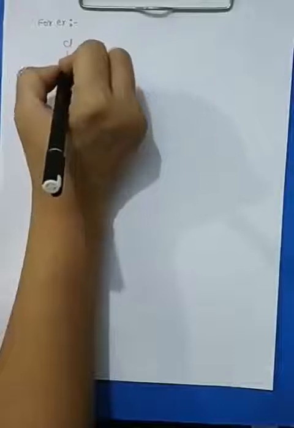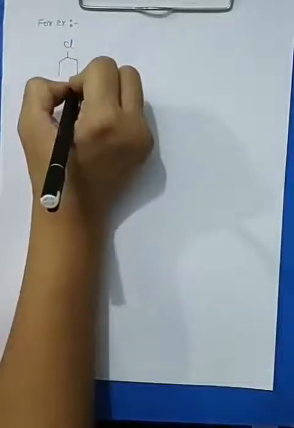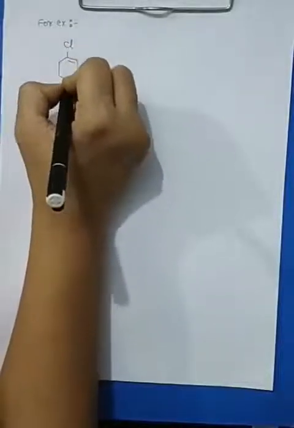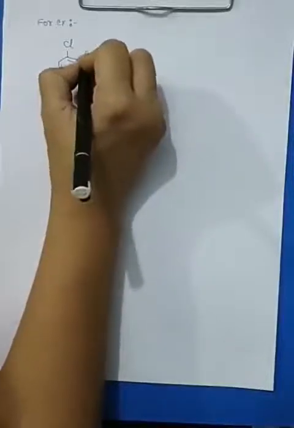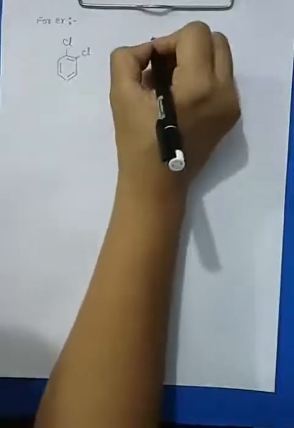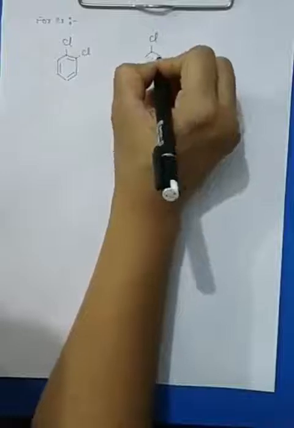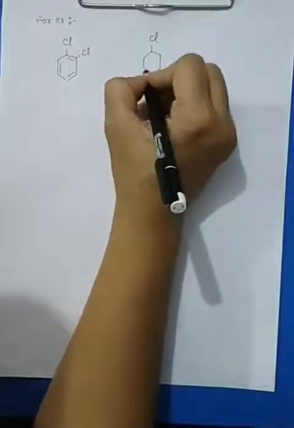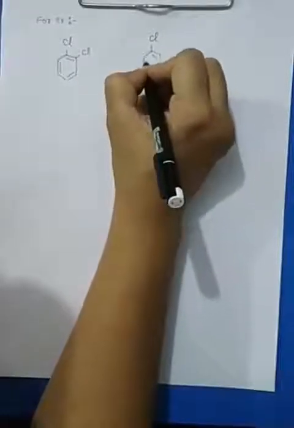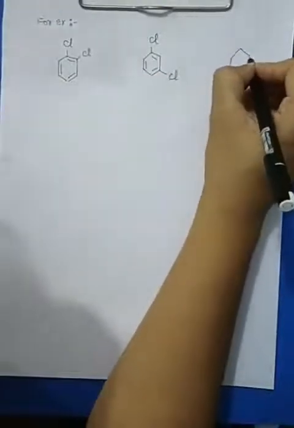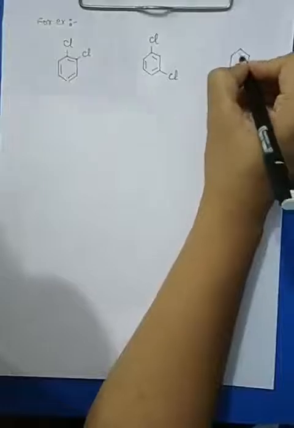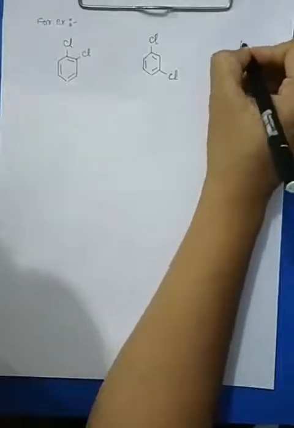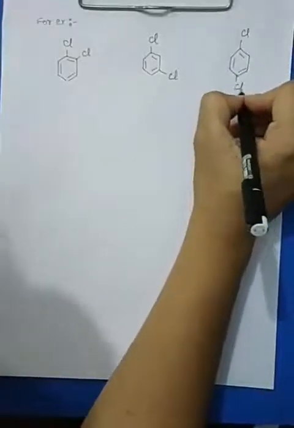So, for example, we have 3 compounds in which 2 chlorine atoms are linked at the benzene ring at 1-2 position, 1-3 position and 1-4 position.